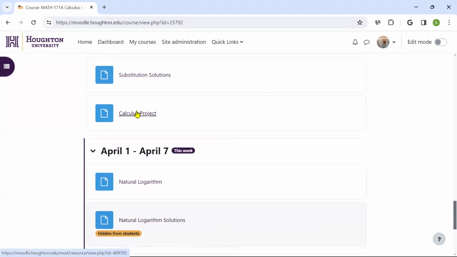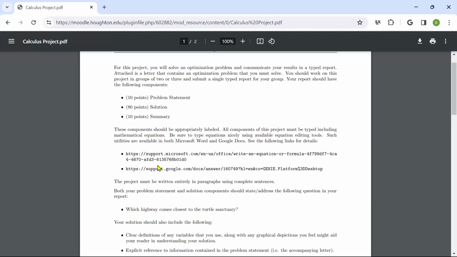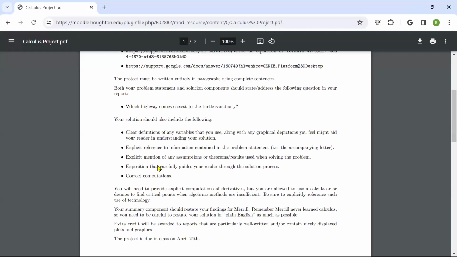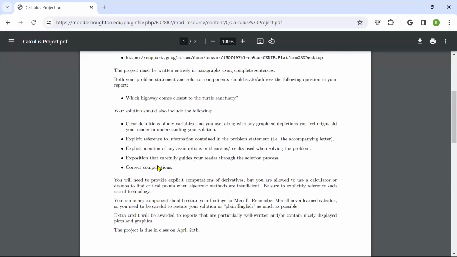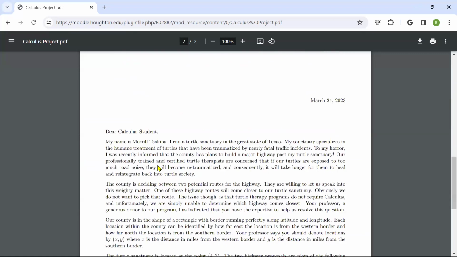Don't forget that there is a project up here. It's just a PDF document, so it doesn't show up as an assignment.